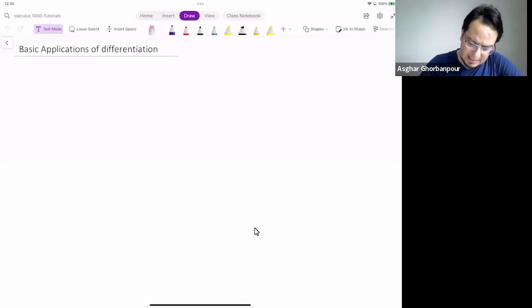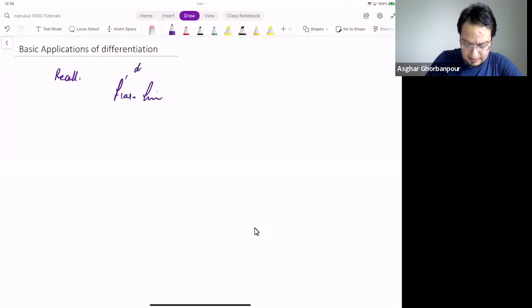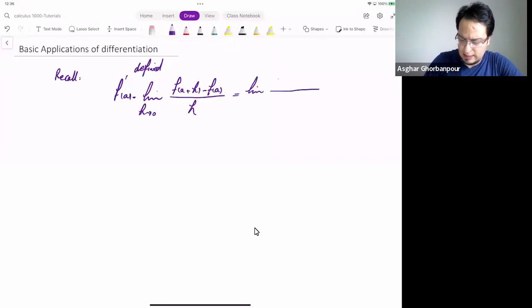There is a nice step here that you have to note now: the derivative of a function at a point a is defined by either this limit or this one, as x goes to a.